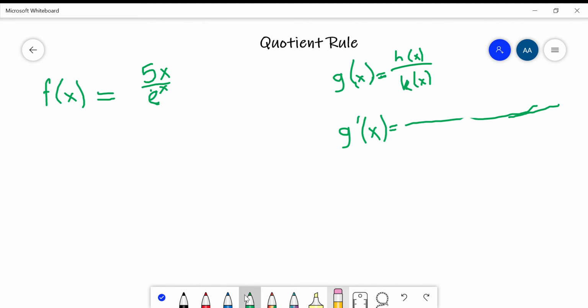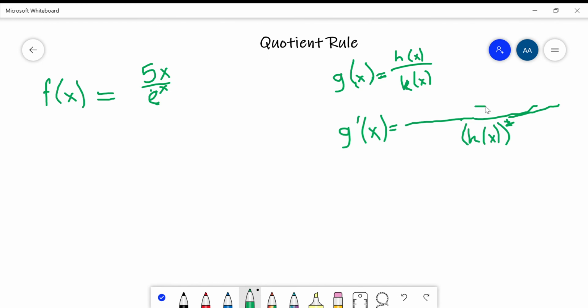Alright, sorry guys. We're going to have k of x, and this whole thing is going to be squared. So on the bottom, it's just going to be k of x squared, and it's not the derivative of k of x, just k of x. So not k prime, k of x.